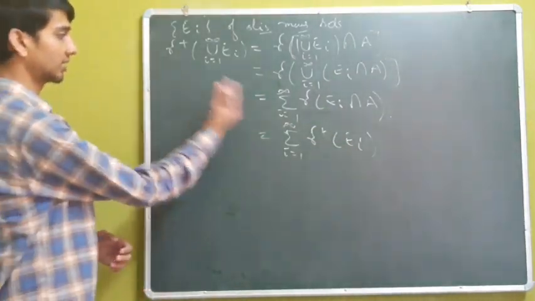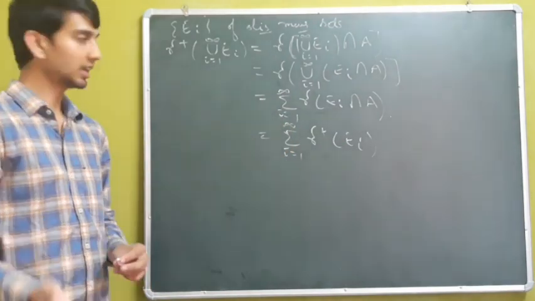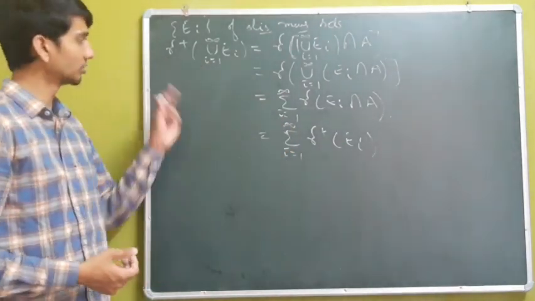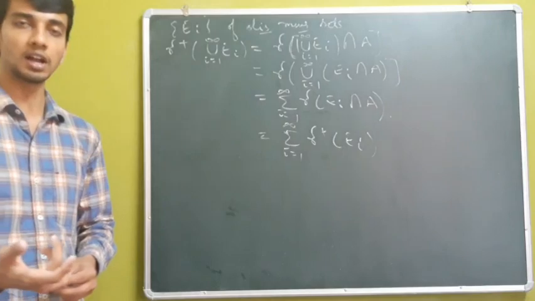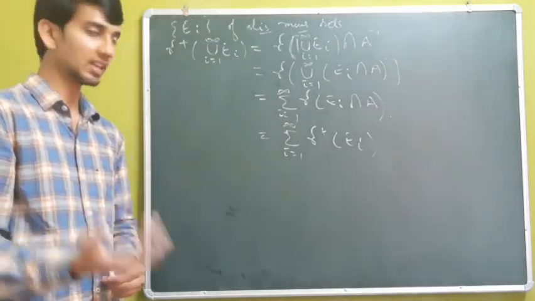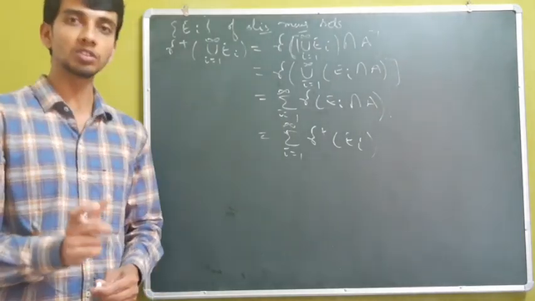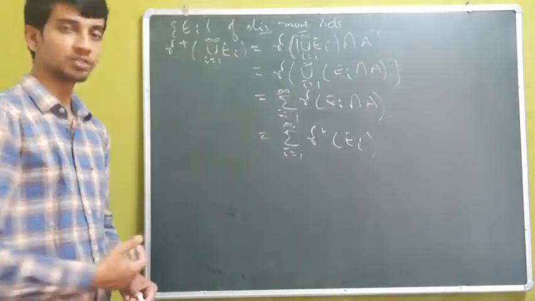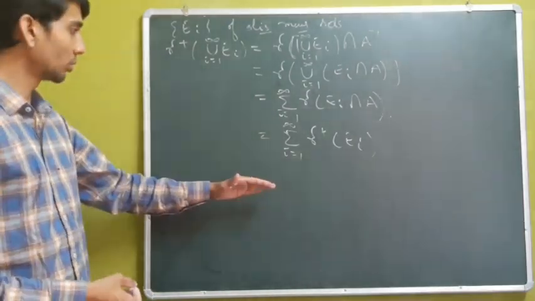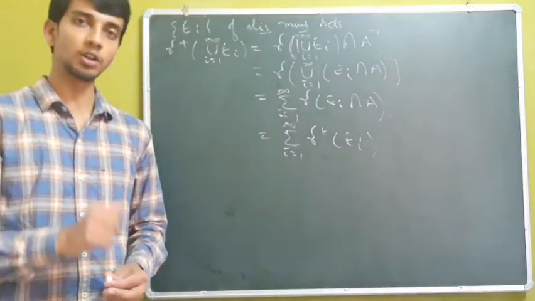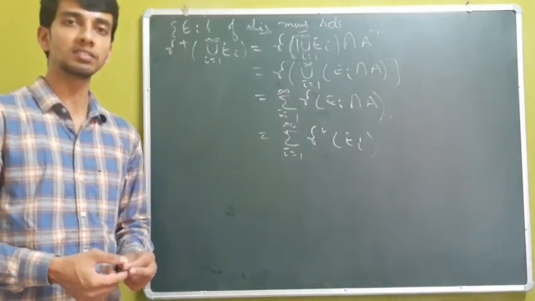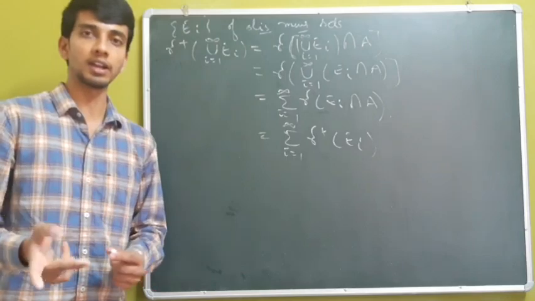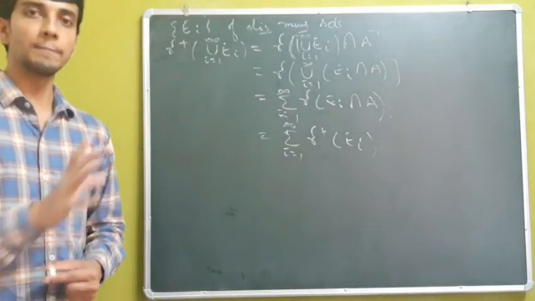So we have arrived at the summation of the positive part of E_i. This implies that the positive part of gamma is satisfying the countable additivity property, and the proof for the negative part follows in the same way. So we have proved that the positive part and negative part satisfy countable additivity, which proves that they are well defined measures.